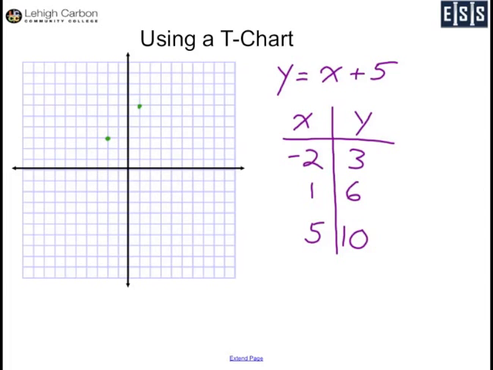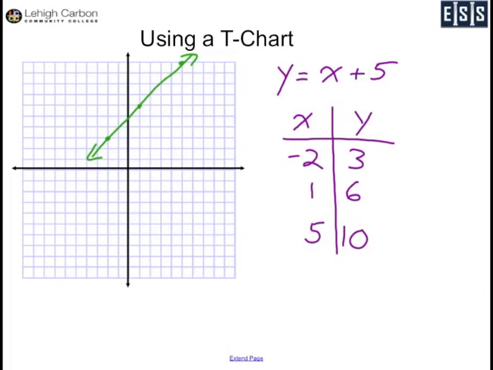There's another point. And my last one is 5, 10. Over 5, up 10. I have 3 points. I can connect them with a line. And there is the graph of y equals x plus 5.